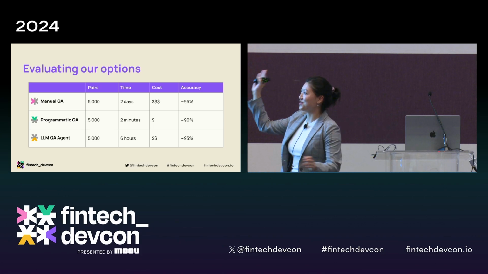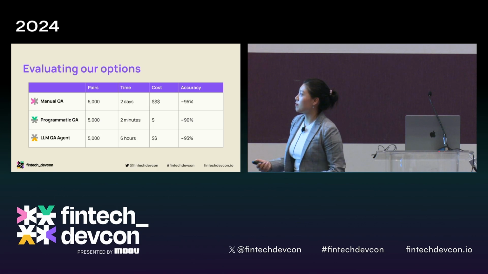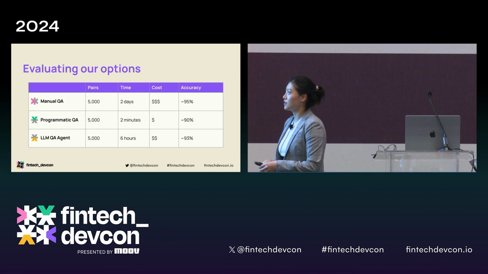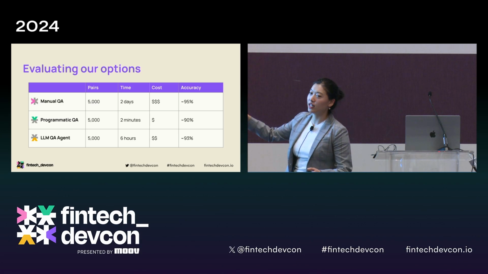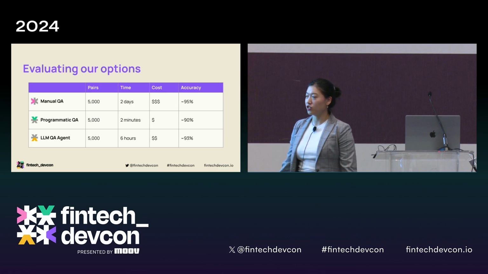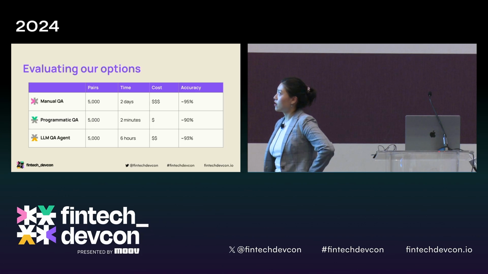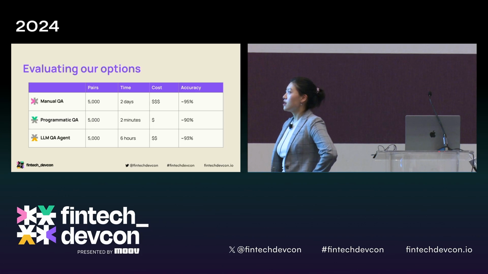All right, let's review the whole picture of the performance from the time, cost, and accuracy perspective. In our test set, we labeled 5,000 pairs using all 3 methods. Manual QA, unfortunately, took us 2 days to finish. Quite costly, with an accuracy rate around 95%.